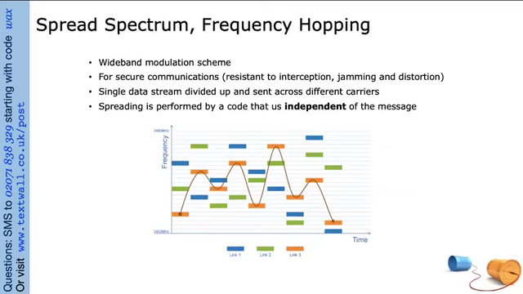We call this family of multiplexing schemes spread spectrum, because we spread the communication over the entire frequency spectrum. So rather than using a single portion of the frequency spectrum, we divide it over all the frequency spectrum at different points in time.